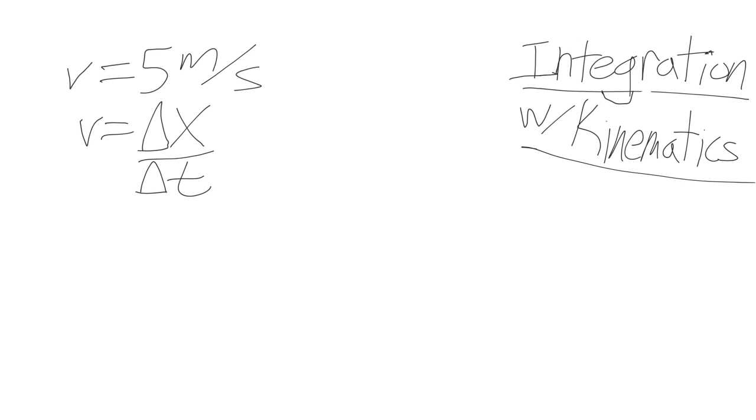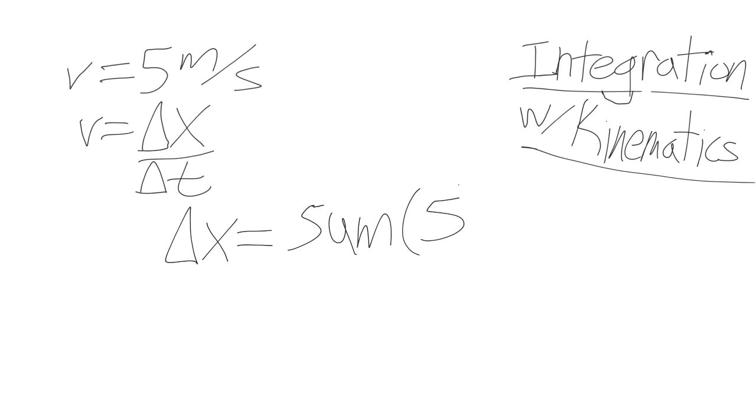If I want to know how many meters I move in 3 seconds, I need to sum up 3 5s together. So another way we can write this is the change in x is equal to the sum, 5 times the change in time.